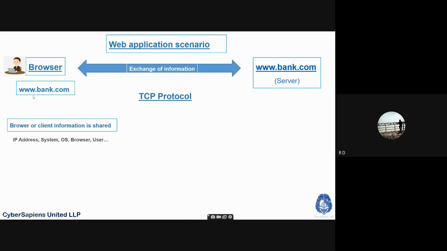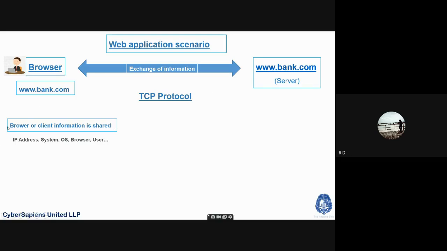The server needs to know from which IP address, what the user is, and the system details, that is, the hardware details. It also shares the operating system version, what browser, and the version of the browser. Then session details or cookies are shared by the browser to the bank server by default.